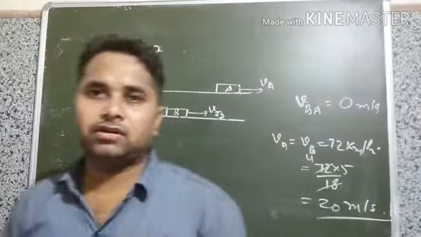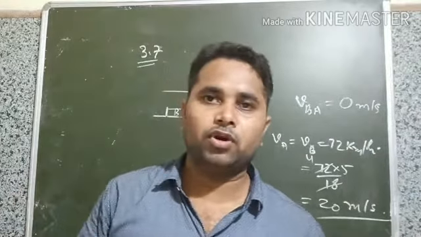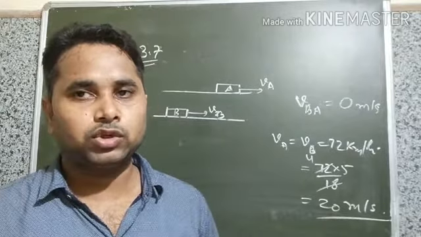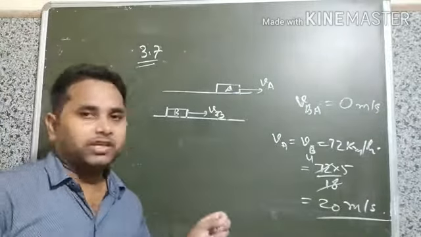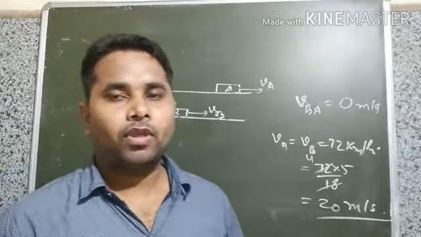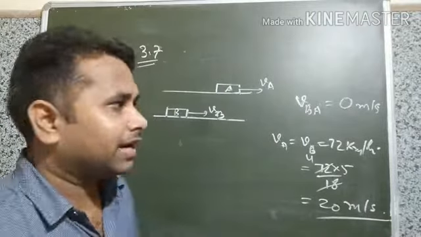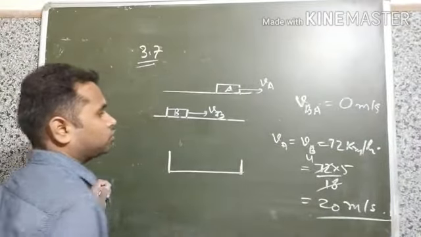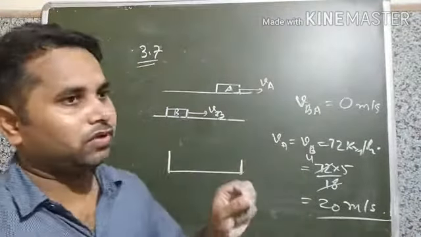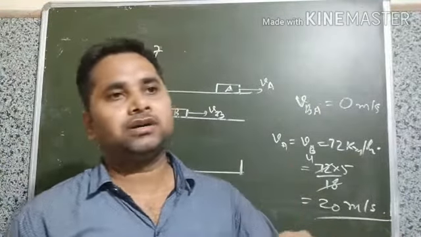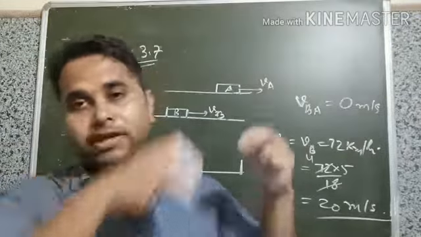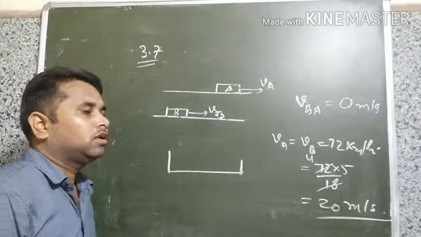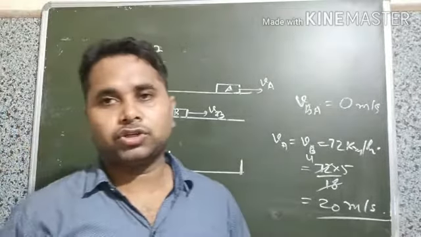See here the very important hint and very important trick for solving numericals based on relative velocity. Listen carefully: if two objects are in relative motion, we can treat the question the same way we discussed earlier, like uniform motion or uniformly accelerated motion.